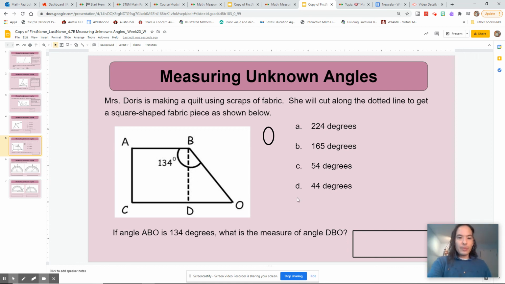So let's take a look. Let's eliminate some bad answers. It cannot be 224 degrees. 224 degrees would be larger than our whole 180 degrees, right? So we're trying to find the angle DBO. If this is all 134, we need to find out what this little piece is.